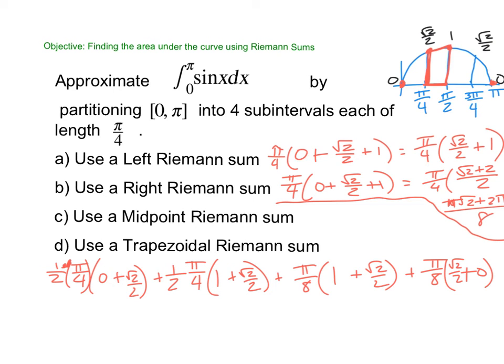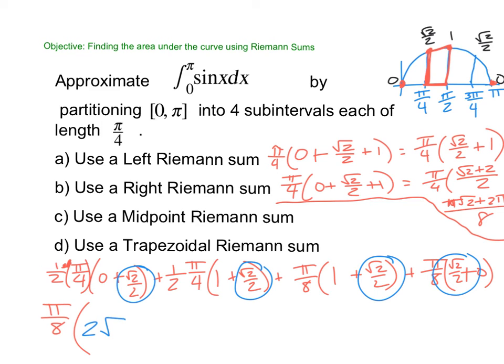So pi over 8 times, what we can do to make it easier is just pull out a pi over 8 for all of them, and then I'm going to add all my √2/2's. So those give me 2 √2. And then I have my 1's.